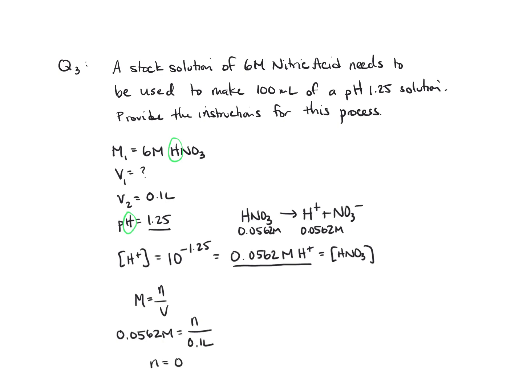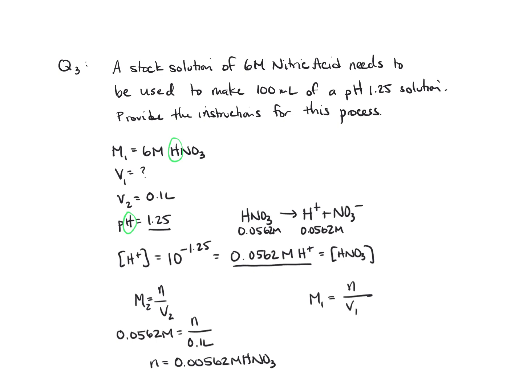And my N is 0.00562 moles of HNO3. Now we're going to get that from our stock solution. So we have to use our M. So this was M2 and this was V2. So we are going to do our M1 is equal to N over V1.